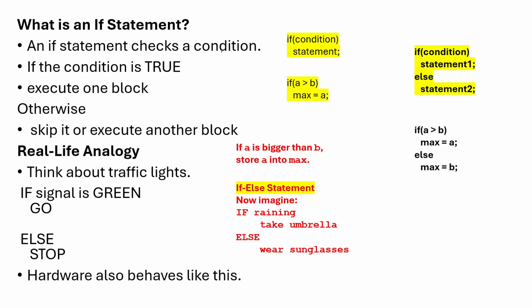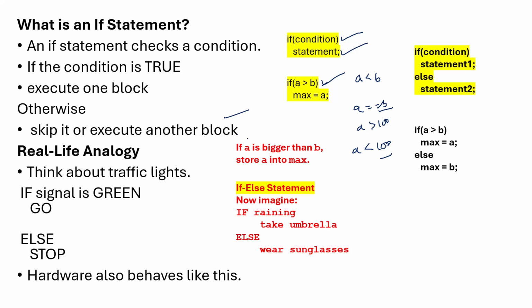So what does the if condition mean? The condition may be A greater than B, or A less than B, or A equal to B, or A greater than 100, or A less than 100. Any condition you can consider. If the condition is true, this statement will be executed. Otherwise, skip that and execute another block.